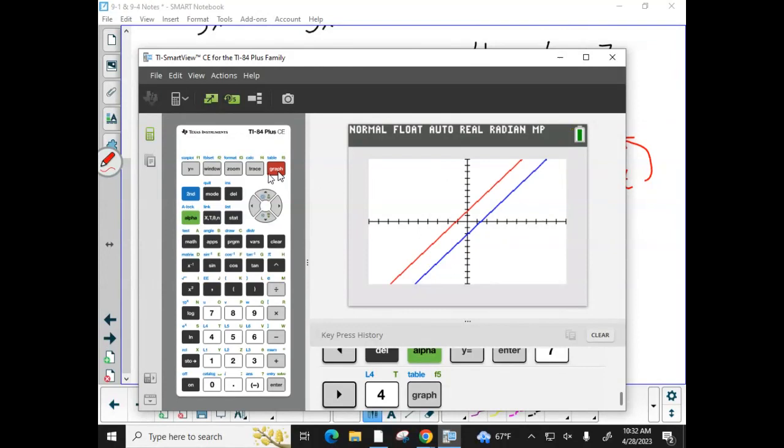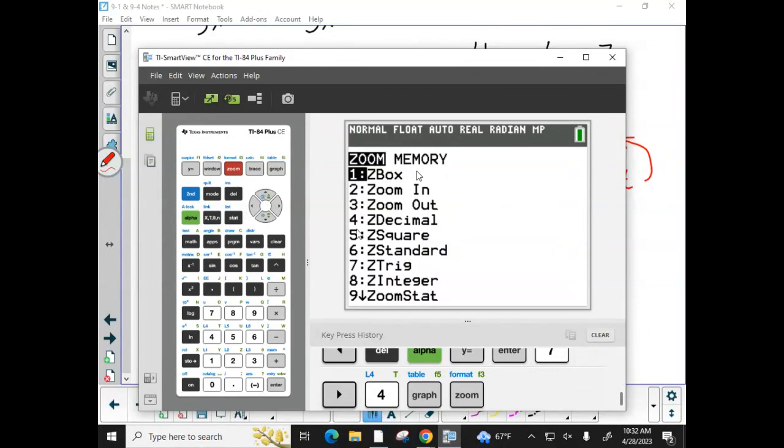All right, we graph. Now, when you look at these, you can kind of tell that they have the same slope, but maybe not. Maybe you're not sure. So maybe you want to hit zoom and say, all right, maybe they intersect somewhere that I can't see.